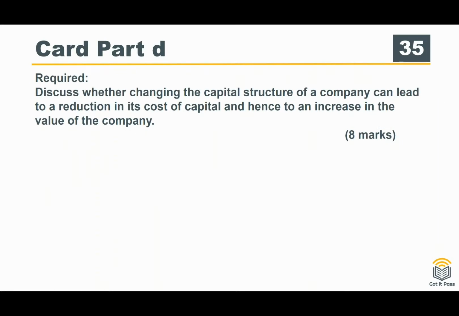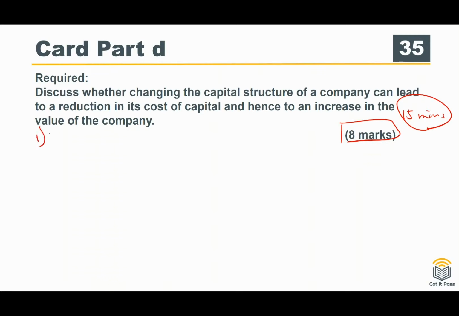Okay, part D asks us about the capital structure theory, and because it is an 8 marks question, more discussion and explanation are expected from you, and you are expected to spend about 15 minutes to complete this question. And here you have to describe and explain 3 different capital structure theories.